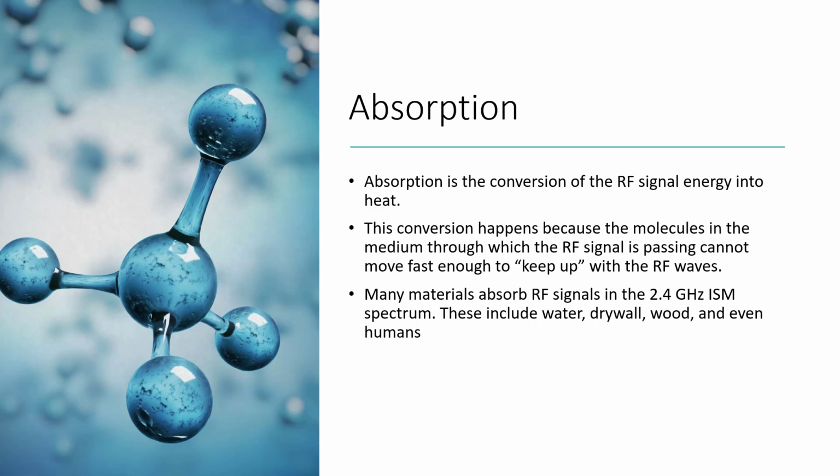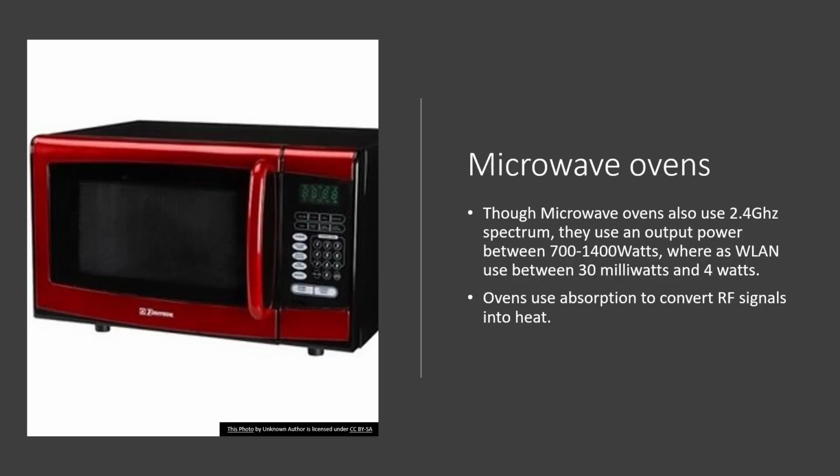Examples would be water, drywall, wood, even humans. Whenever a microwave hits a human, the human absorbs the microwave. This property is actually used in microwave ovens. The microwave oven uses the absorption principle.